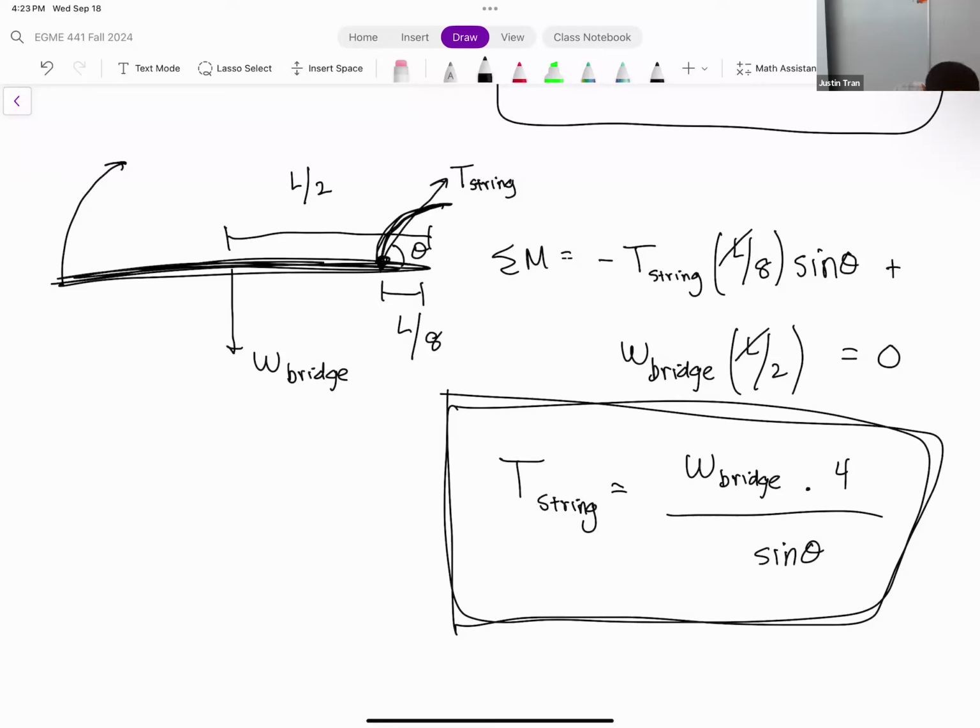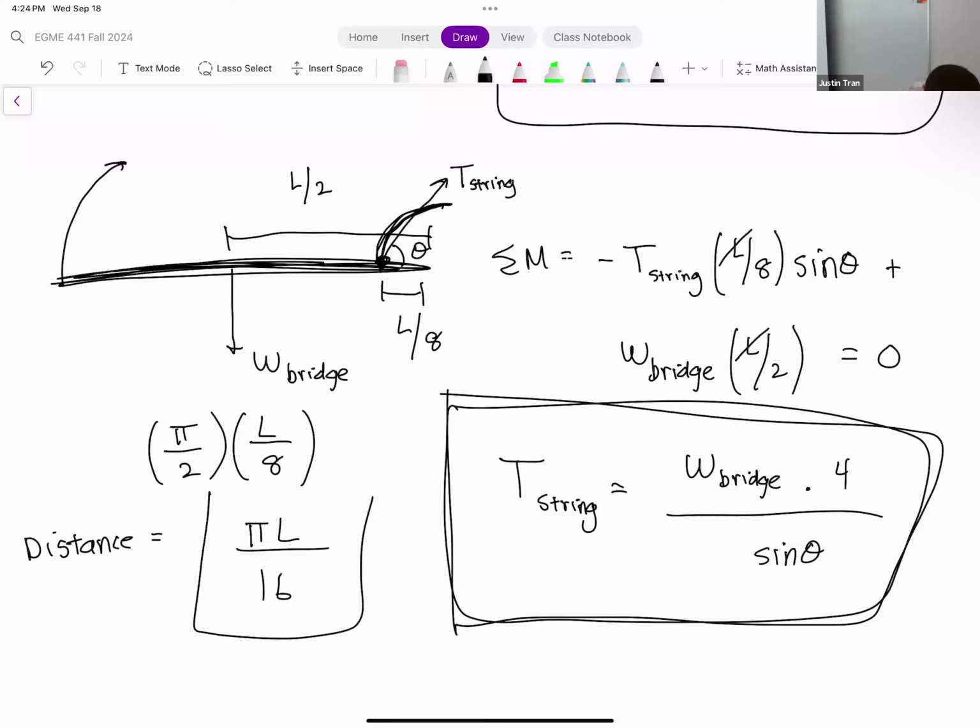Once again, for a quarter rotation, we multiply pi over 2 by the radius of that circle. But we know that the radius of the circle now is L over 8 as opposed to L. So the distance that we have to travel to close the bridge in this case is pi L over 16.